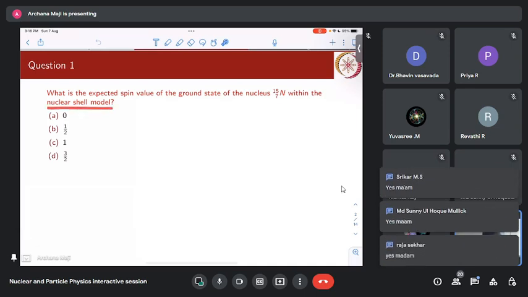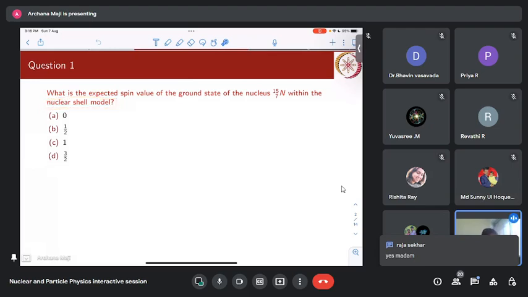In order to understand this nuclear shell model, let us first note that it is basically motivated by the atomic shell model.